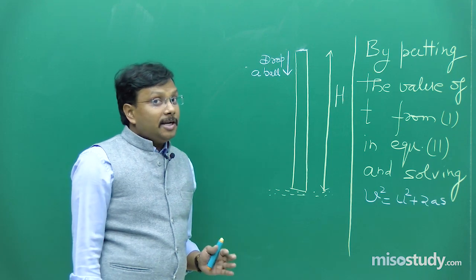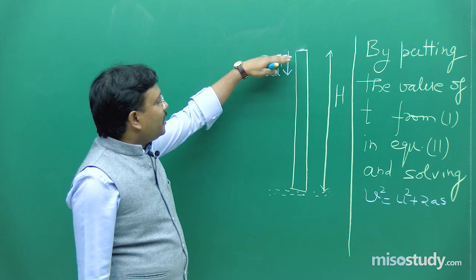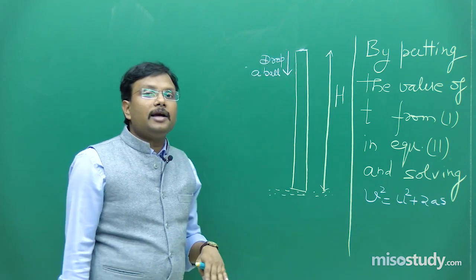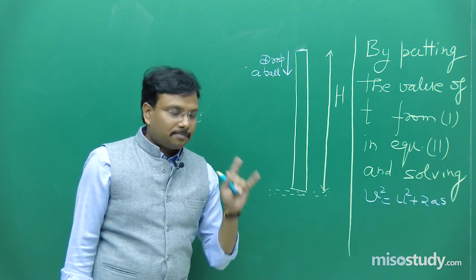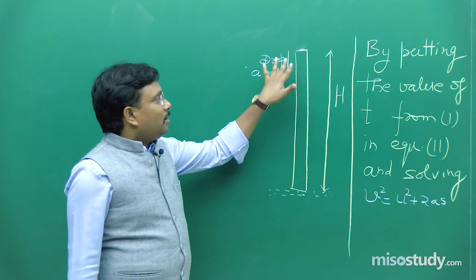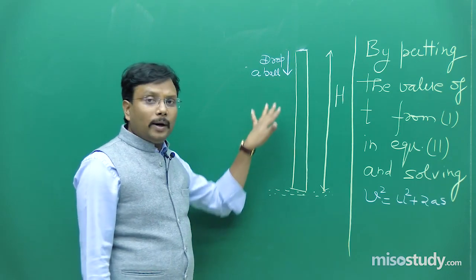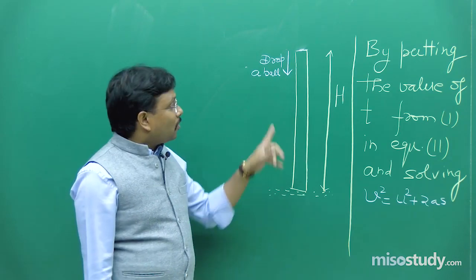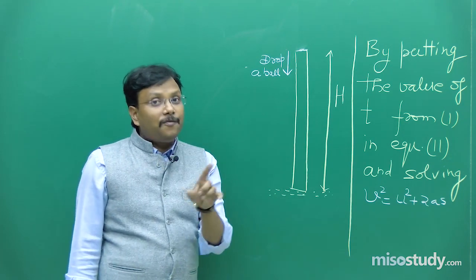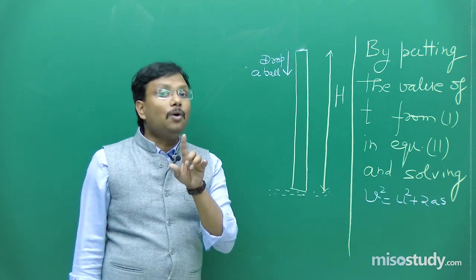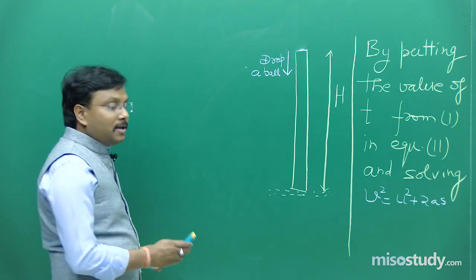Now what I mentioned, initial downward velocity is 0. So this ball will start moving under the influence of gravity small g. First fact. Second fact, will this ball travel equal distance in equal time? No, because this motion is accelerated because of g, acceleration due to gravity.